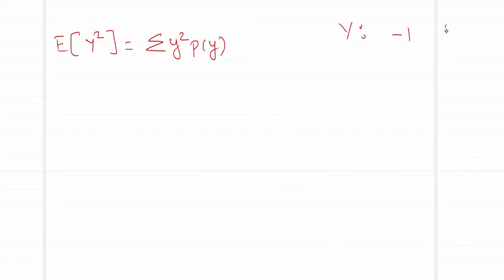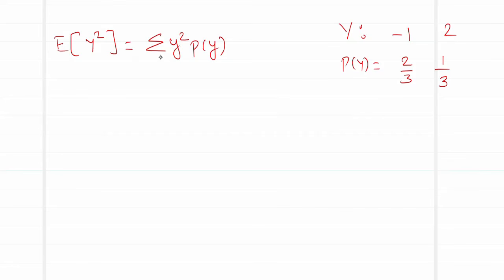How to get my E of Y square? This is nothing but summation Y square into probability of Y. What do we know about Y? Y takes the values -1 and 2, with probability 2 by 3 and 1 by 3.